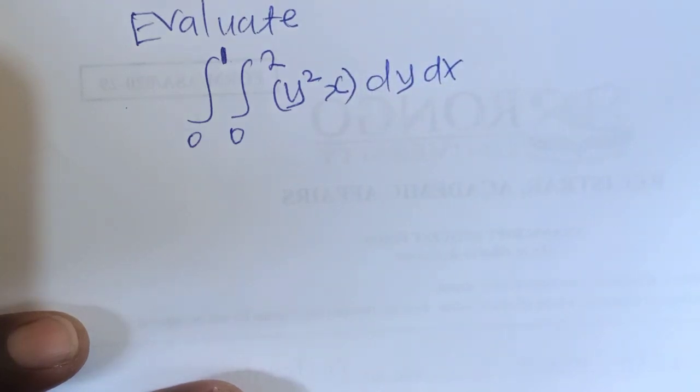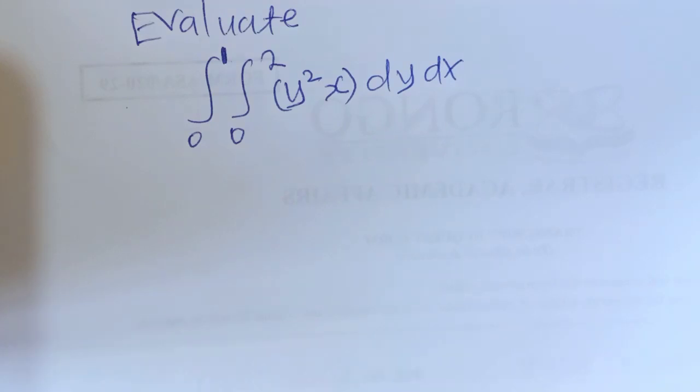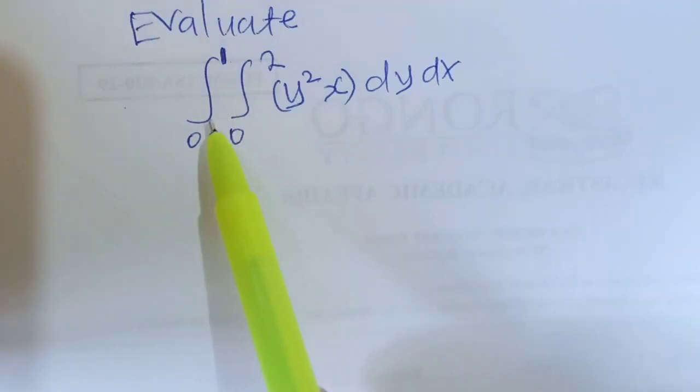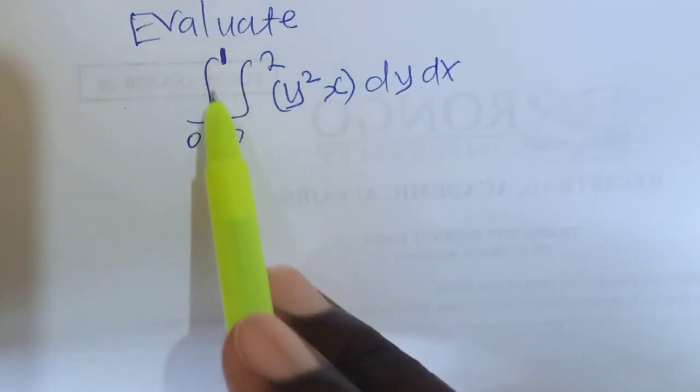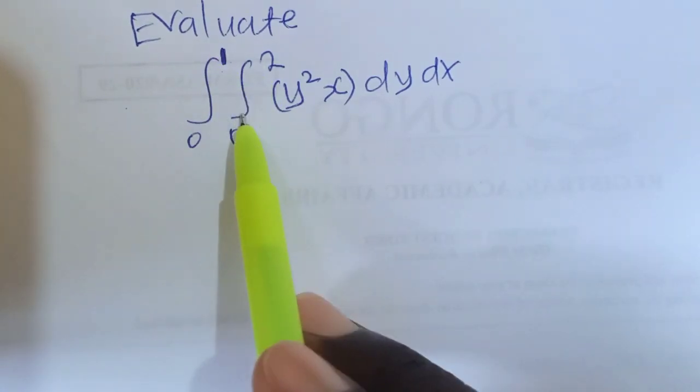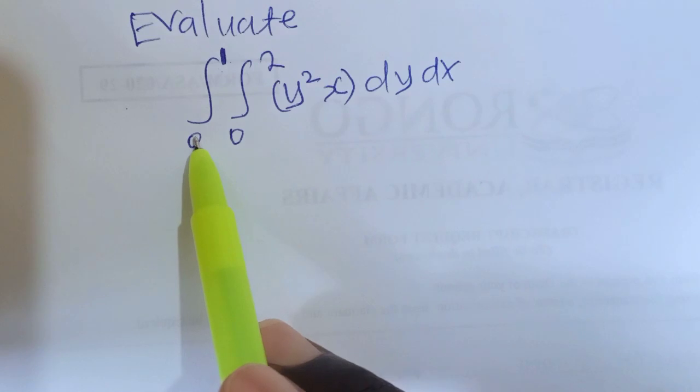Now, ladies and gentlemen, for us to evaluate this double integral, we have to integrate, not differentiate, I'm sorry, we have to integrate it twice. We integrate the first time, then the second time.